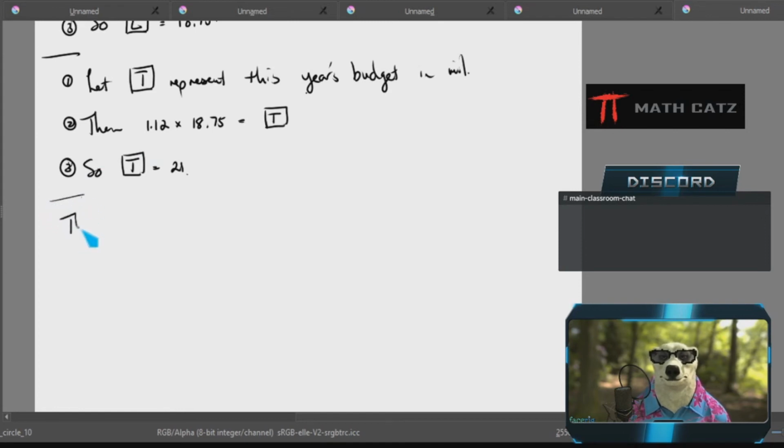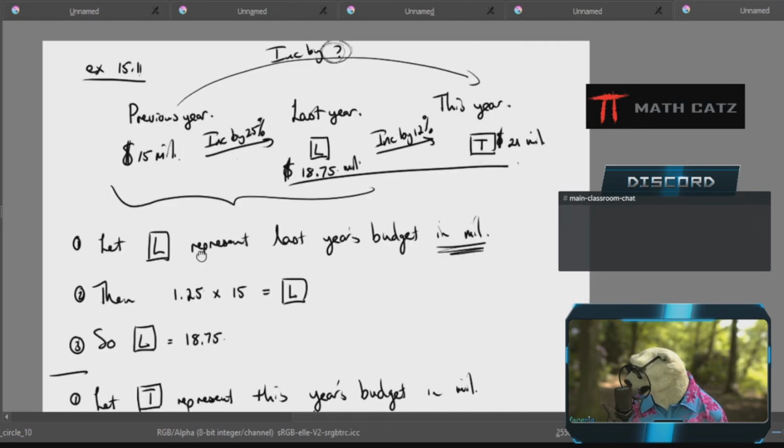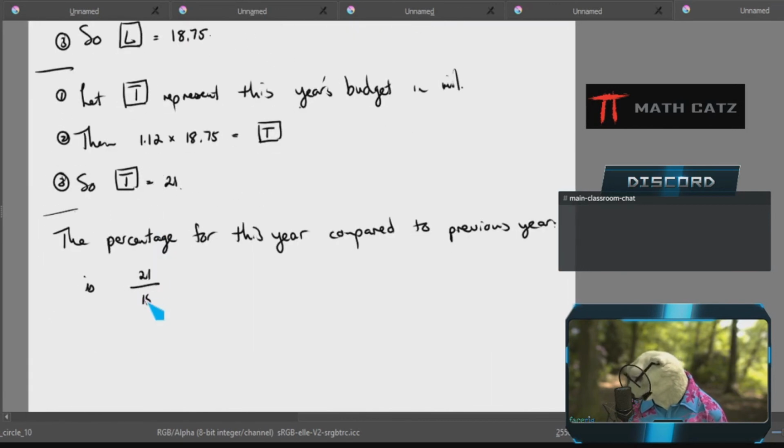Let's say the percentage for this year, compared to the previous year, if that makes sense, is 21 over, what was the original? 15.